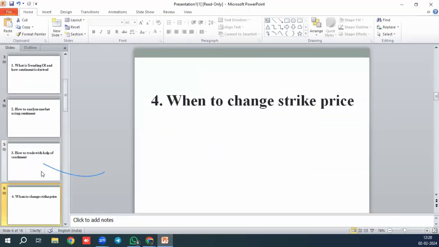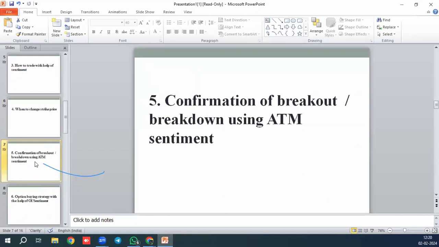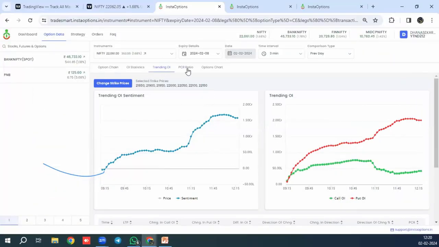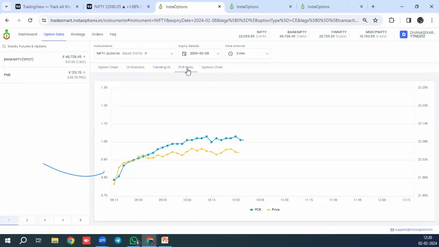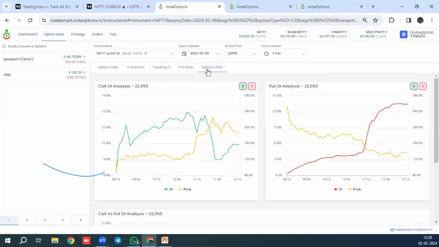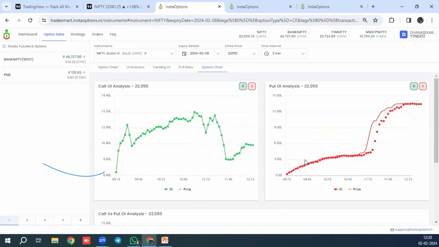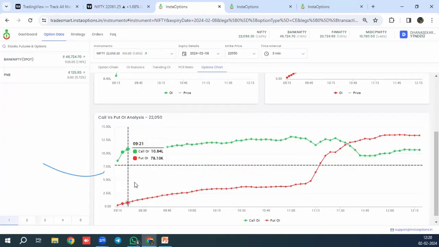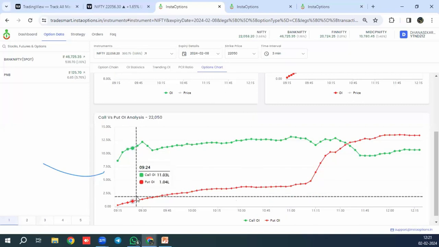And next one, we'll go to how we can confirm a breakout or breakdown using ATM sentiment. Okay. So here we have trending OI, and also we have put call ratio. Then the other one is comparison of ATM OIs. Okay. So here we have the call and put OI at the ATM strike.